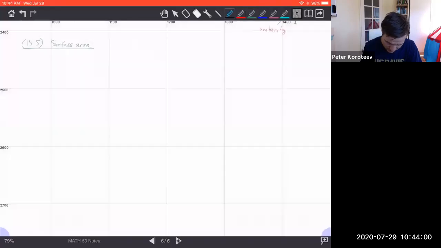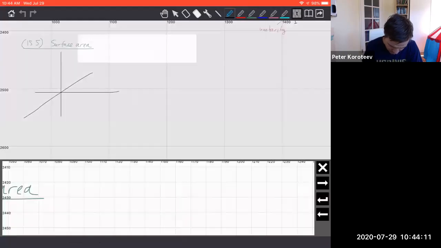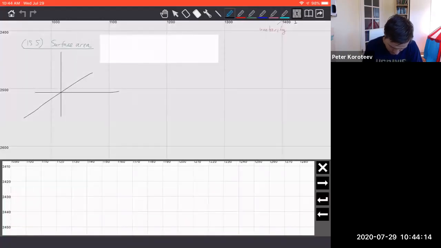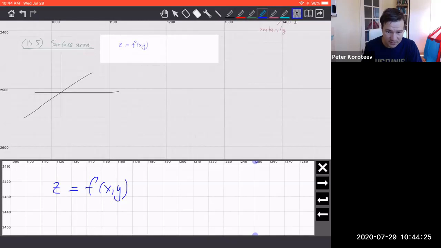So the task is to find the area of the surface given by the equation z is equal to f of xy, provided that xy live in some set D as a subset of R2.